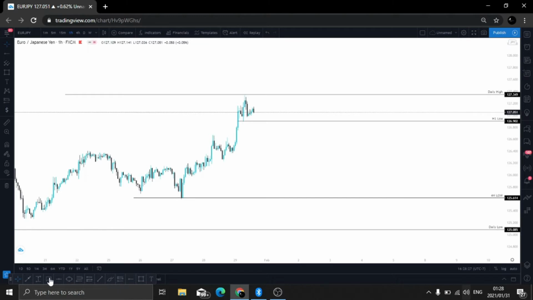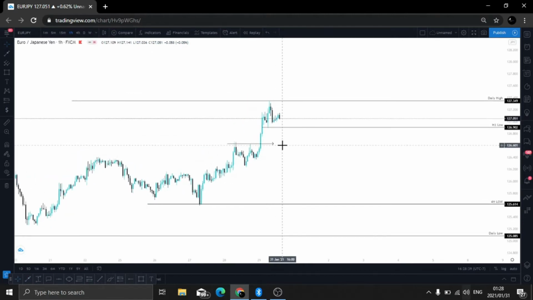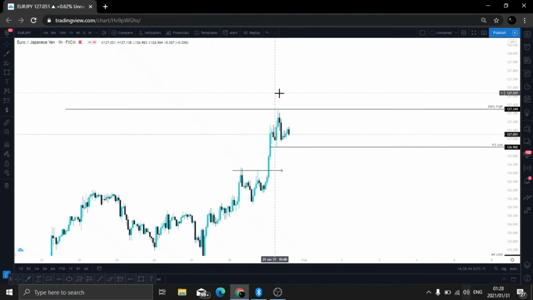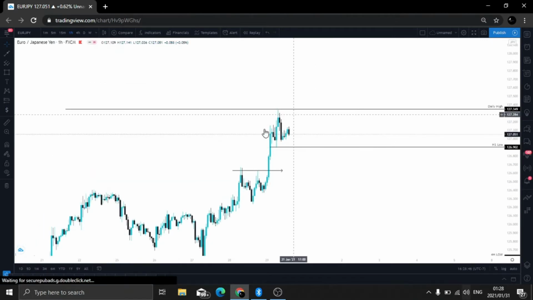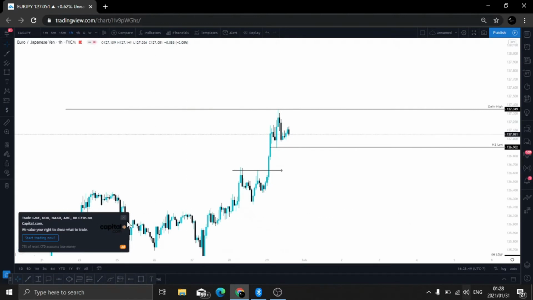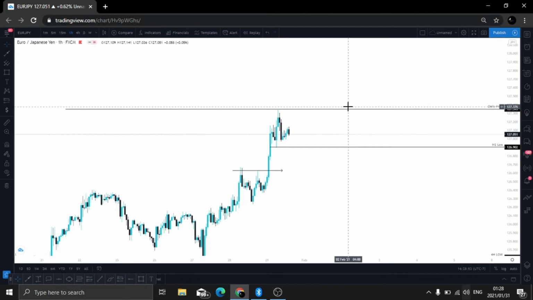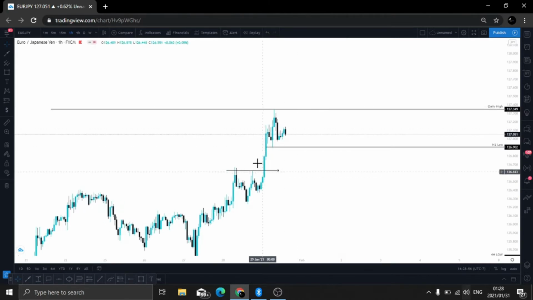So we'll place our equal high over here. And guys, I want to show you something that you did not know. If I could remove this part, I would have shown it, but I haven't activated my paid account on TradingView.